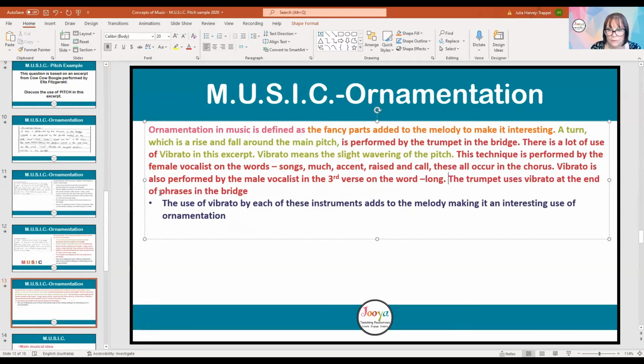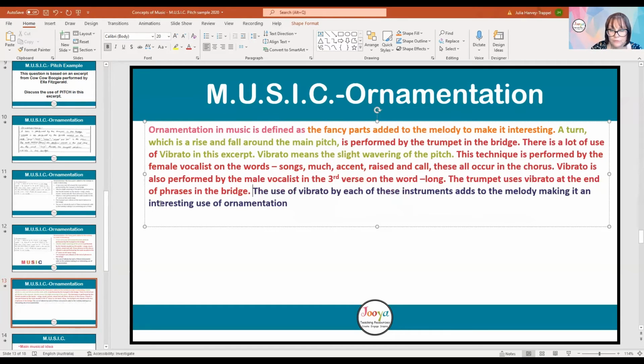And then again, the trumpet uses vibrato at the end of phrases in the bridge. And our last bit there, the use of vibrato by each of these instruments adds to the melody, making it an interesting use of ornamentation. And there you go.